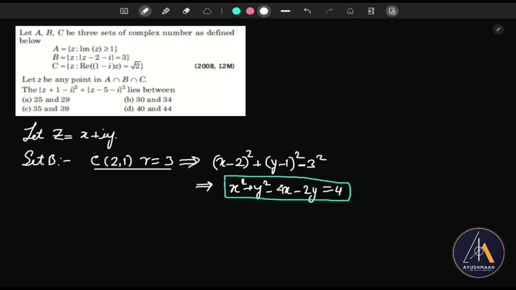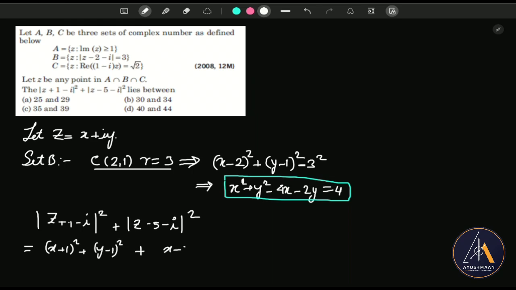Now coming back to the question states modulus of z plus 1 minus iota, whole square, plus modulus of z minus 5 minus iota, square. This is in turn x plus 1 whole square plus y minus 1 whole square plus from the second bracket x minus 5 whole square plus y minus 1 whole square.